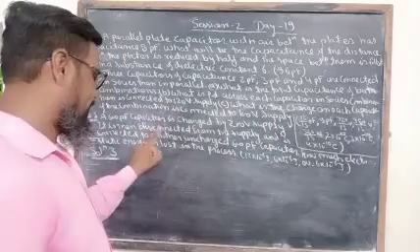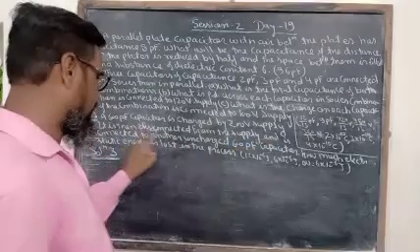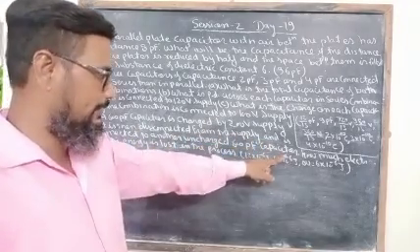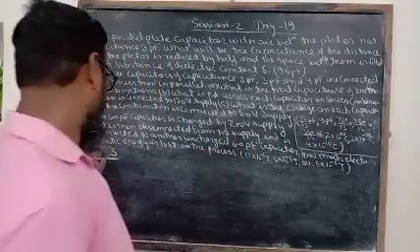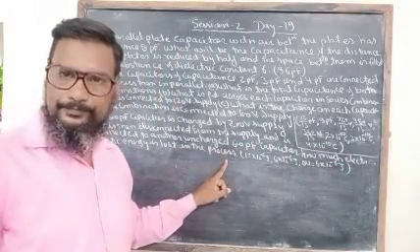It is then disconnected from the supply and is connected to another uncharged 600 picofarad capacitor. How much electrostatic energy is lost in the process?